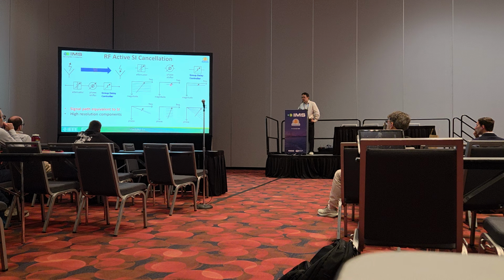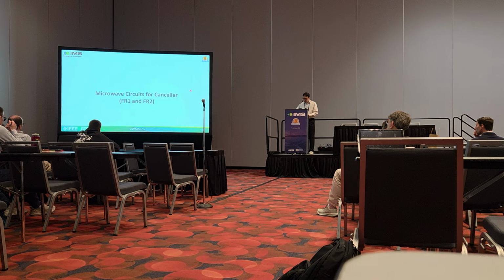The phase shifter changes the phase, but the magnitude level should stay the same. For the group delay case, the magnitude is the same, but the delay is changing. So all of these components are required for RF circuit interference cancellation, and we can calculate this for good, high cancellation. All these components should have very good resolution to achieve high isolation.